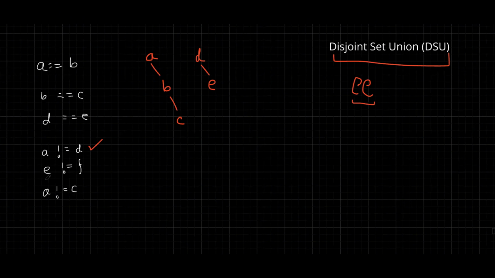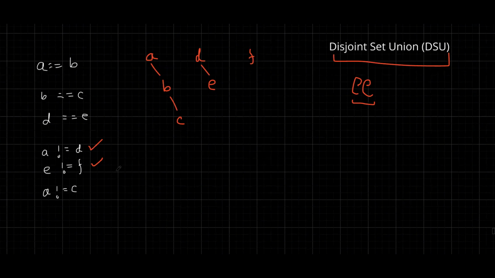And here E not equal to F. E is present here, and F is a single entity present here. So both of them are in different components. So it is possible. But A not equal to C is not possible because A and C both belong to the same component, and as they both belong to the same component, that means they are equal. So A not equal to C cannot be true.